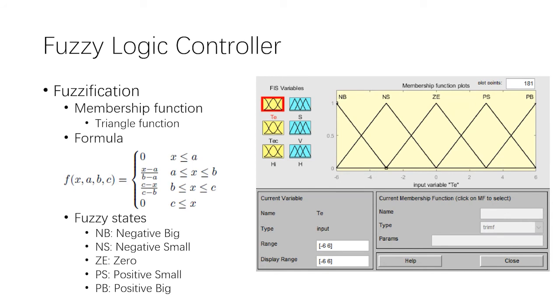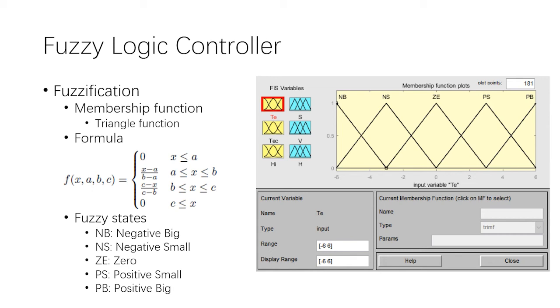In the FLC, fuzzification is very important for the processing of input and output data. In our controller, we use the triangle function as our membership function. This formula is the triangle function's formula. We have 3 parameters, A, B and C, to set.